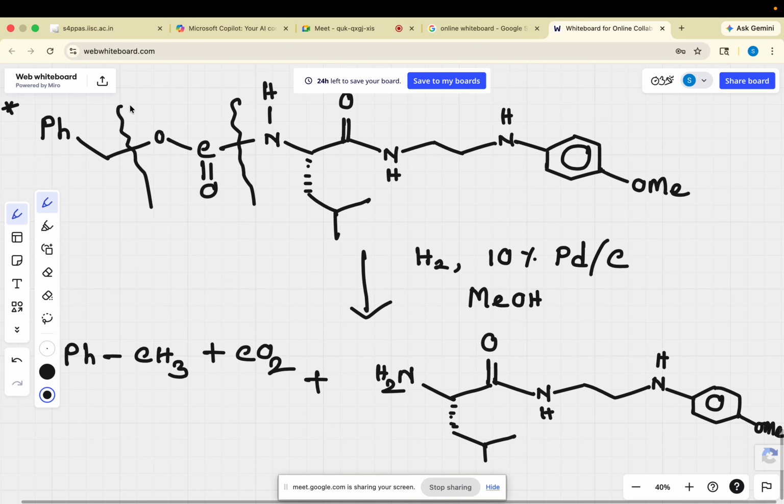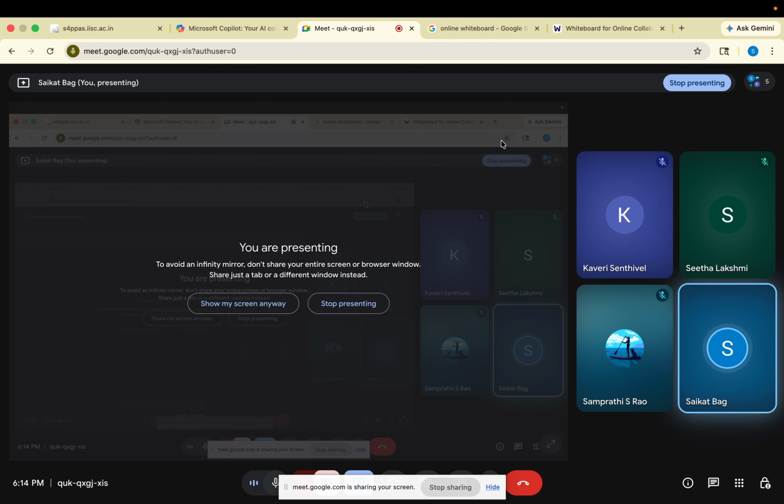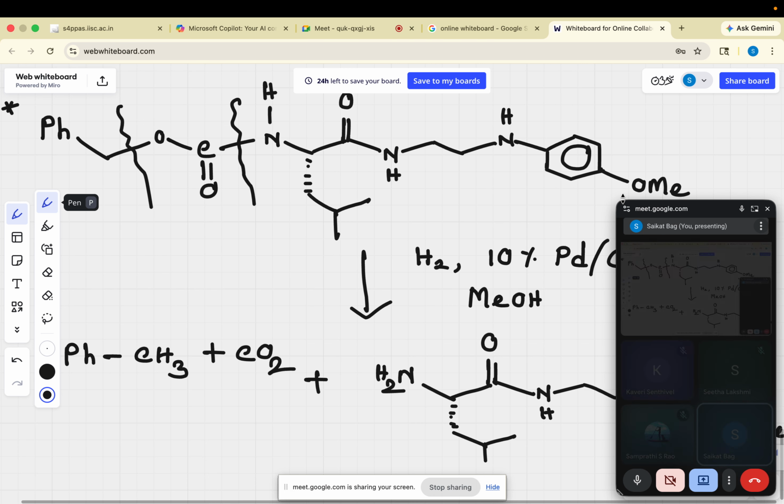What is cleaving, what is changing? The toluene group is releasing from here, as well as the carbon dioxide gas is releasing from here. So that is the example of your hydrogenolysis. Clear? Yes, sir. Clear, right?